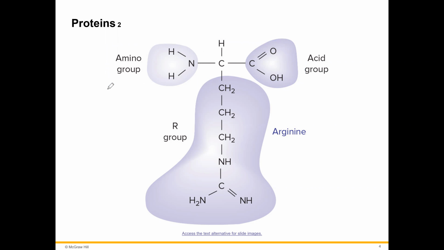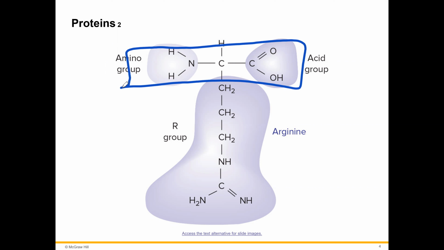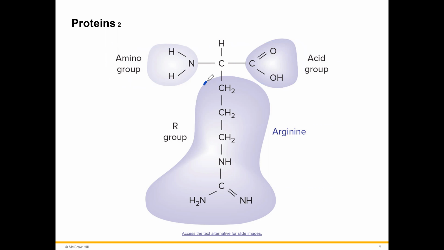So all 20 amino acids will have the same central carbon, amino group, acid group, and hydrogen. This R group will be different for each amino acid. So this is arginine, and you can see the structure of its R group.